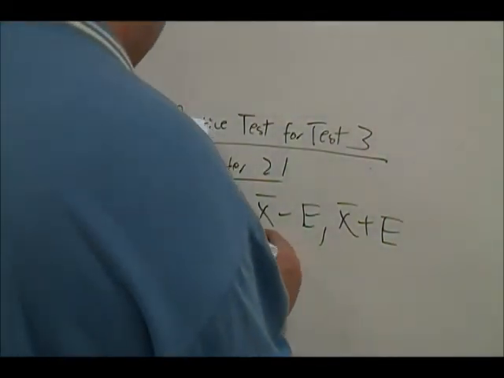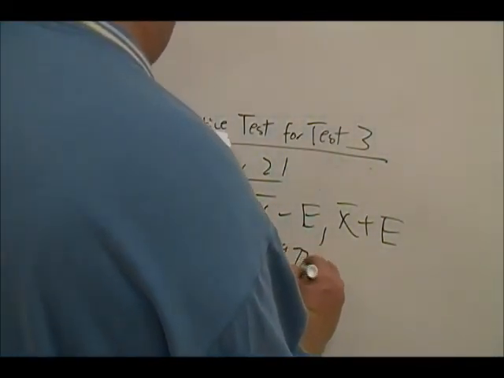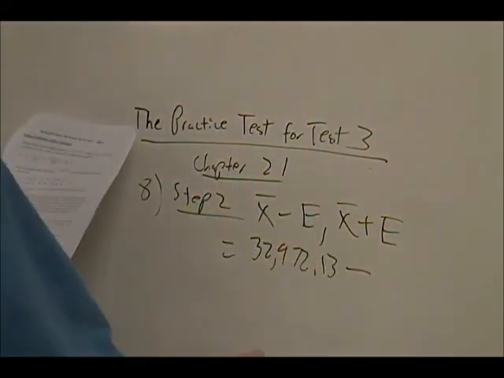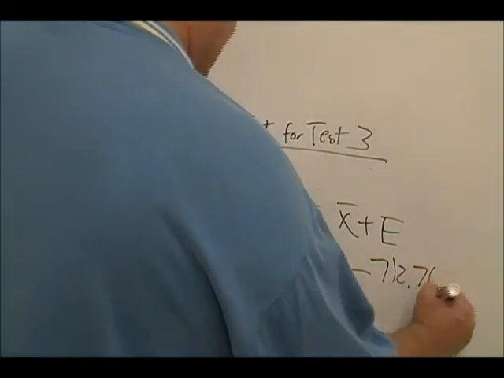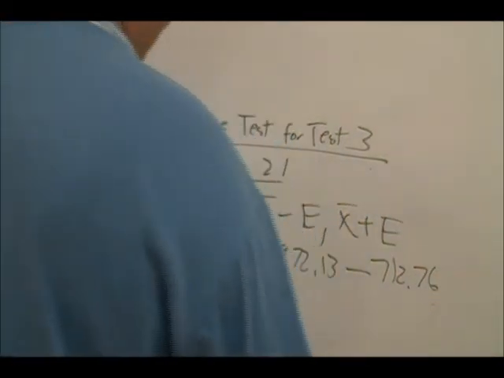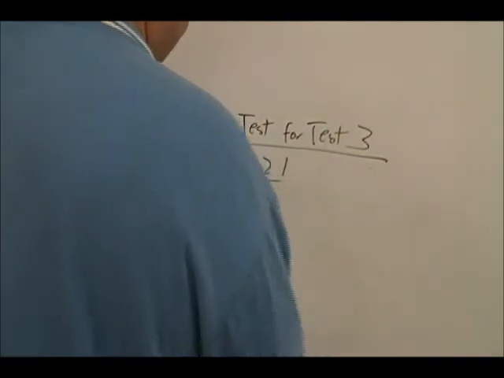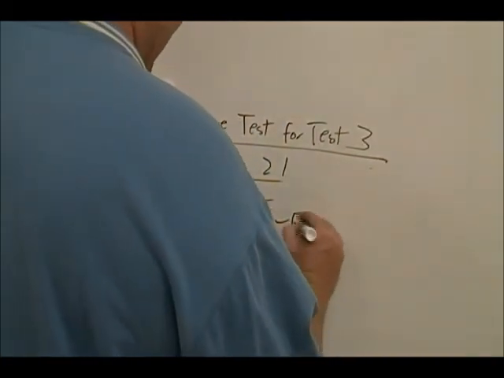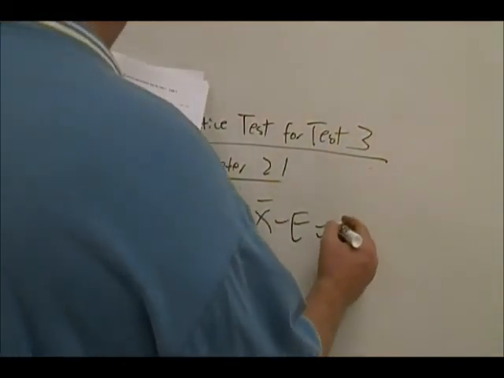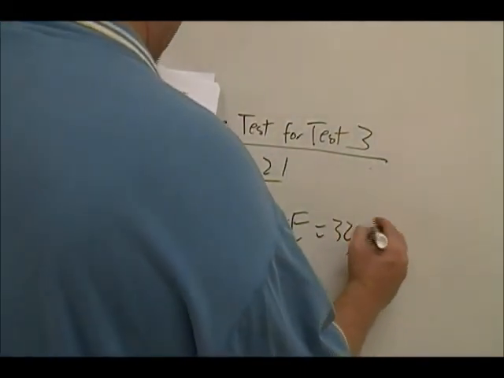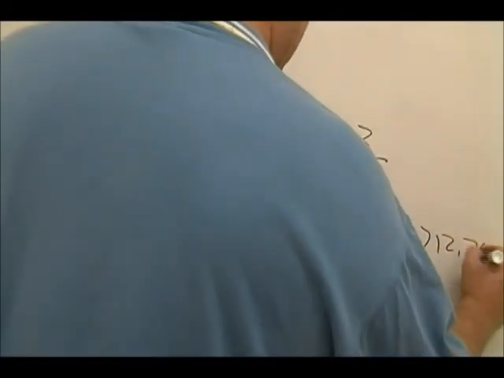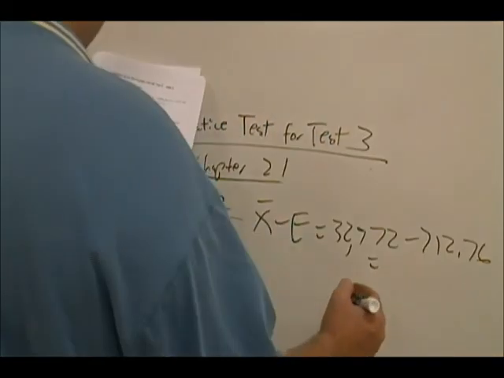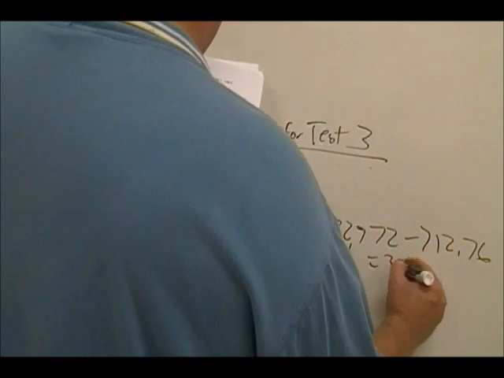So X bar minus E. The mean came out to be 32,972.13, and then we subtract the error, which came out to be $712.76. Well, let's look at it like this, because these are pretty big numbers. X bar minus E is equal to 32,972 minus 712.76, and that difference on your calculator should come out to $32,259.37.